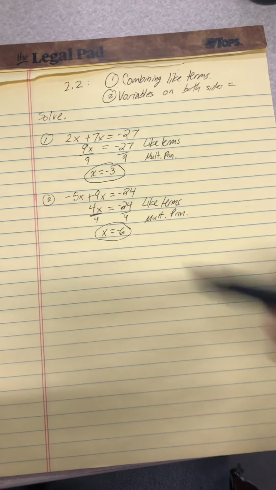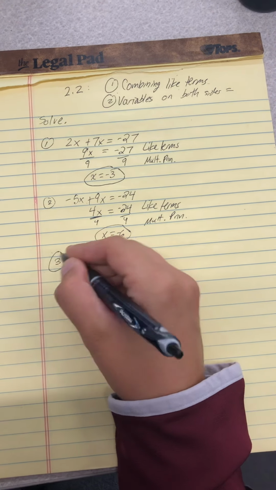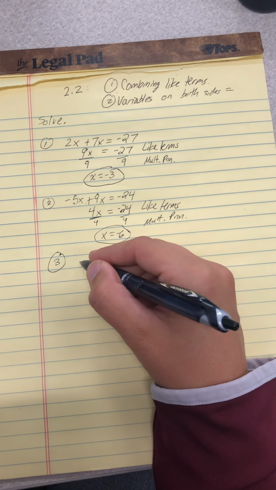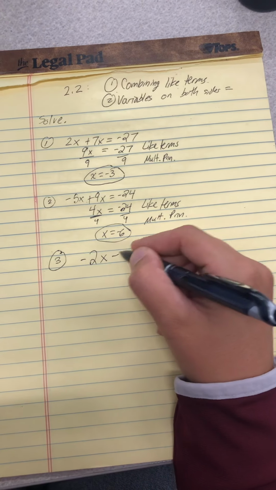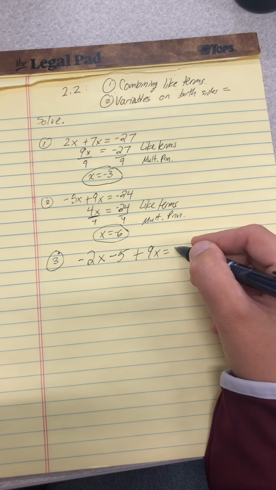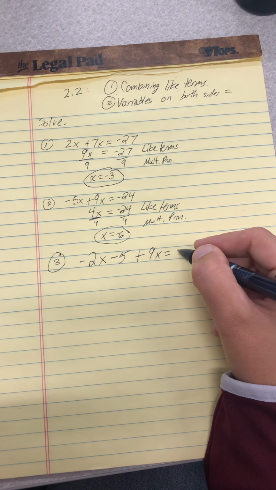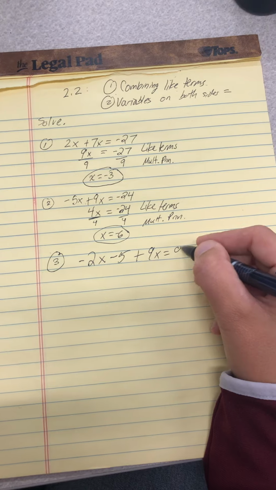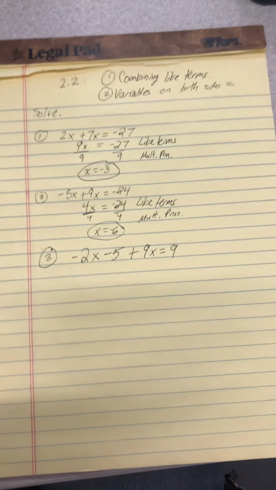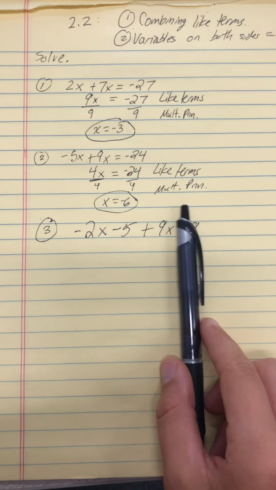Now, that has to do with like terms. We've covered it before, we've seen it. So if I were to go into a little more depth with different practice problems: negative 2x minus 5 plus 9x equals 9. Okay, so again, I locate my equal sign, which is right here, and I take a look here.